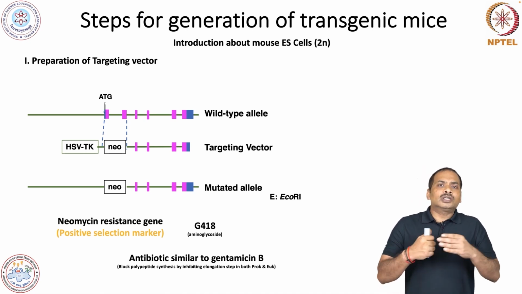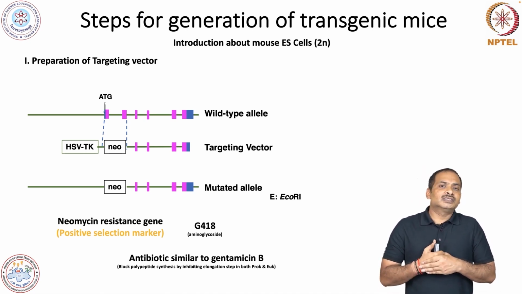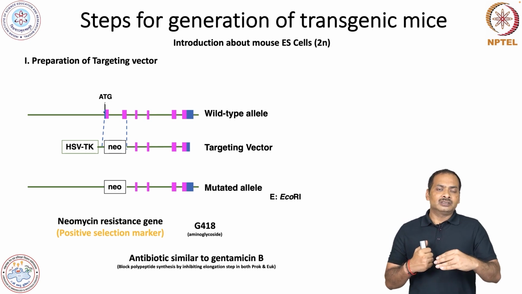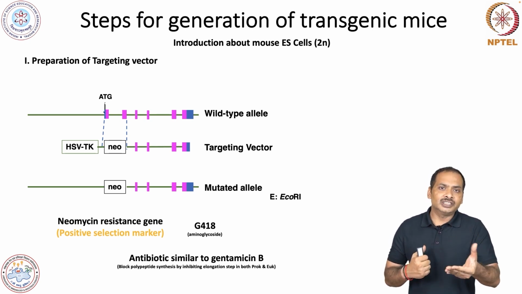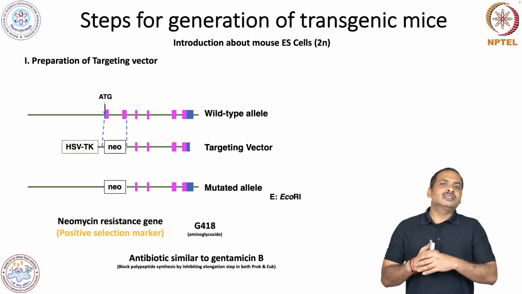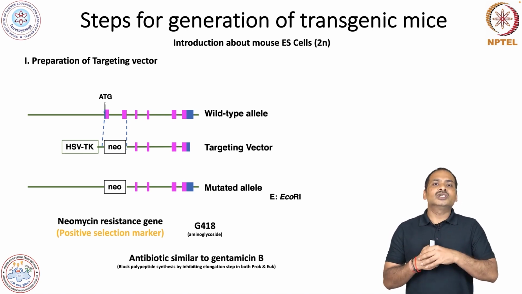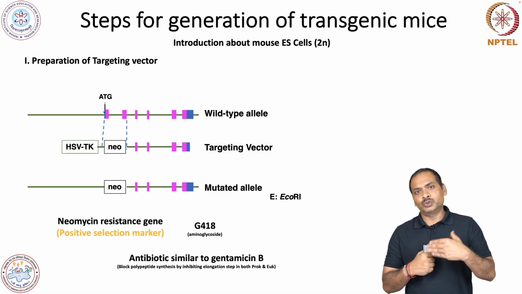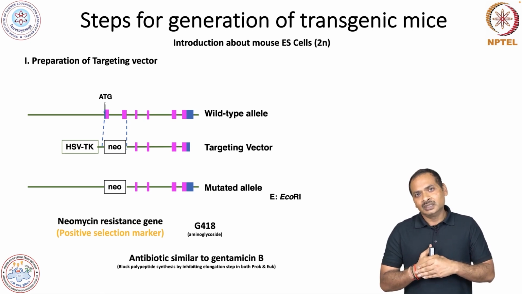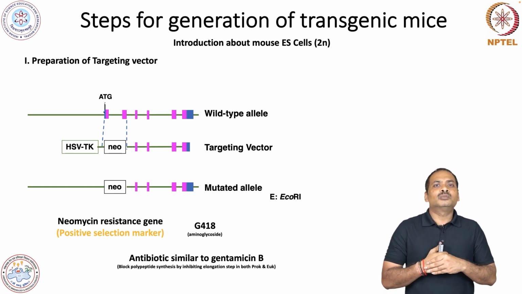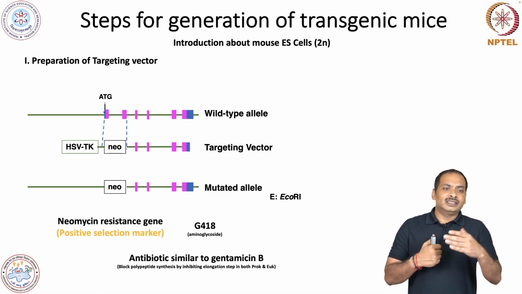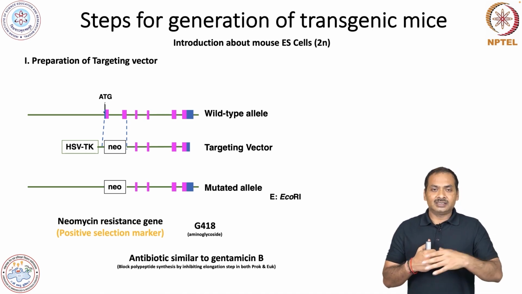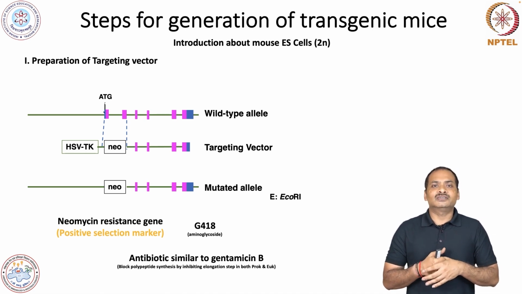So, the concept of positive selection is that if your gene is inserted into the genome, then that cell will grow in the presence of G418. This will provide resistance. So, this is the concept of a positive selection marker, and in this system we need that positive selection marker.